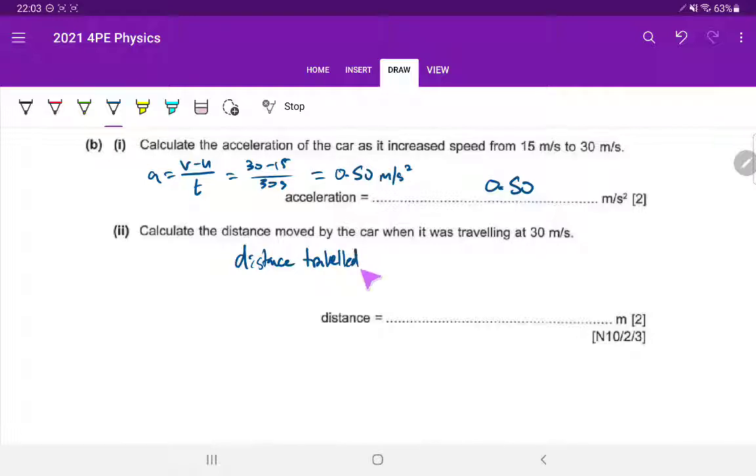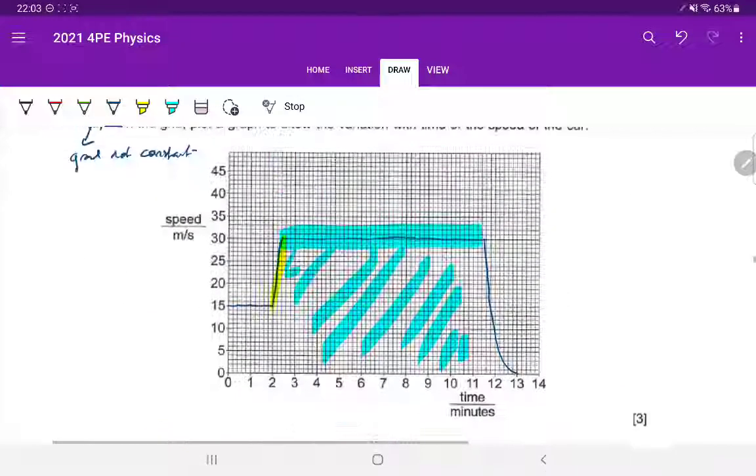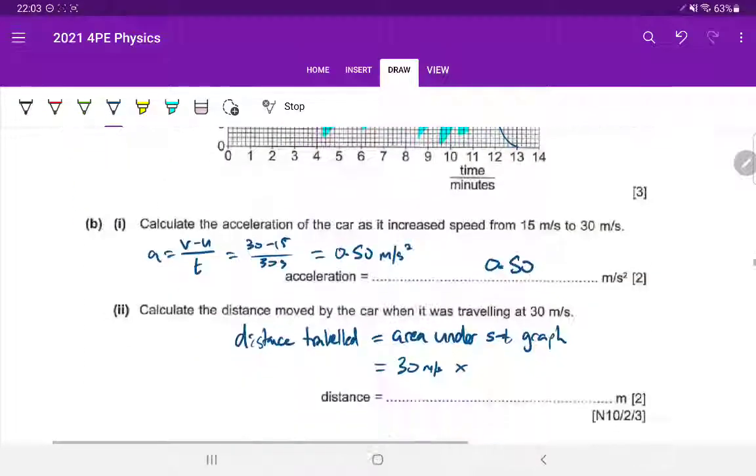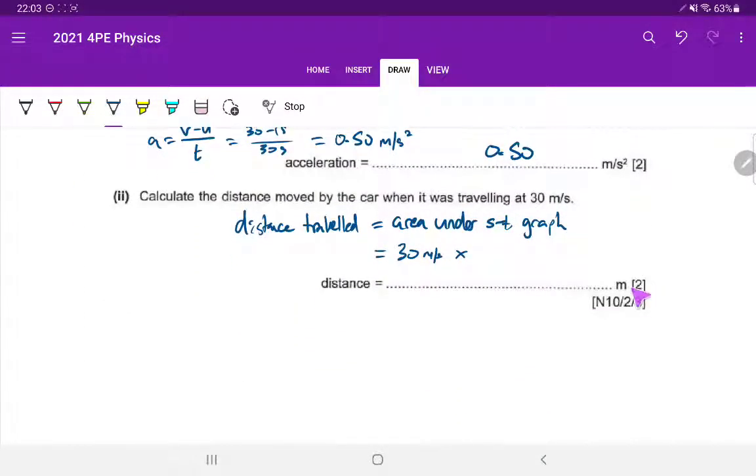please make a habit of writing these statements, equals area under speed time graph. This will be 30 meters per second times, okay, so it says of course it's 9 minutes, but you need to convert 9 minutes to seconds because it's meters per second.